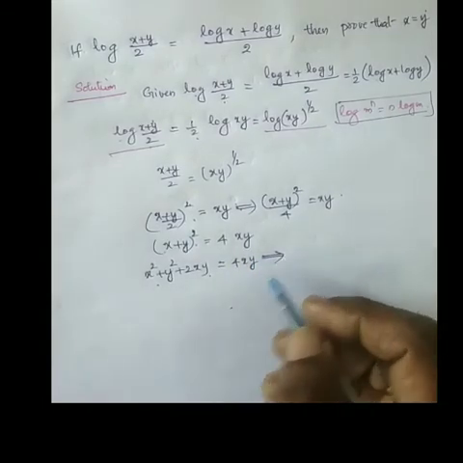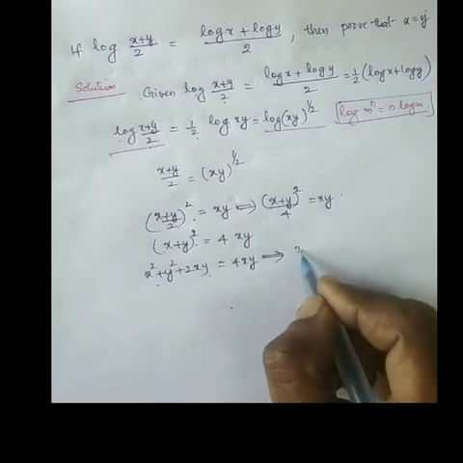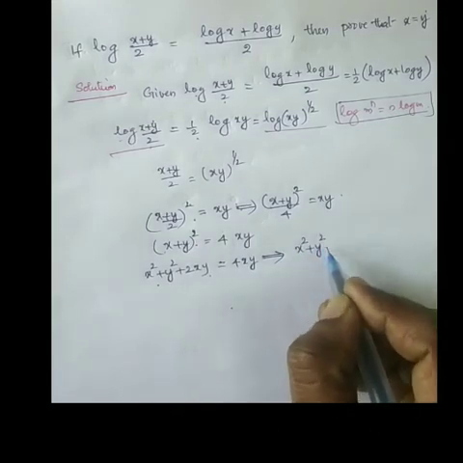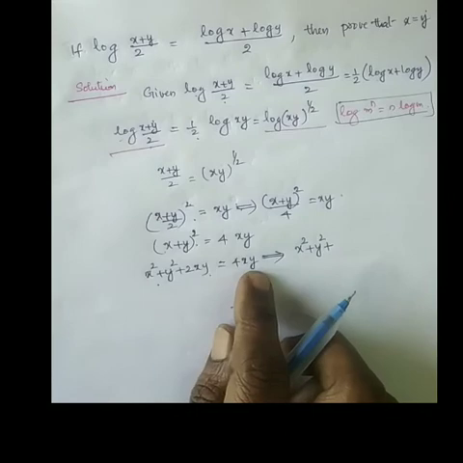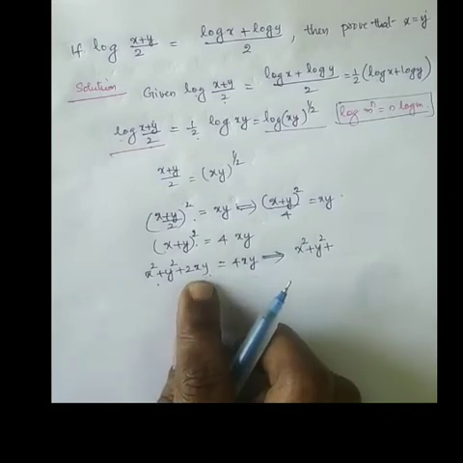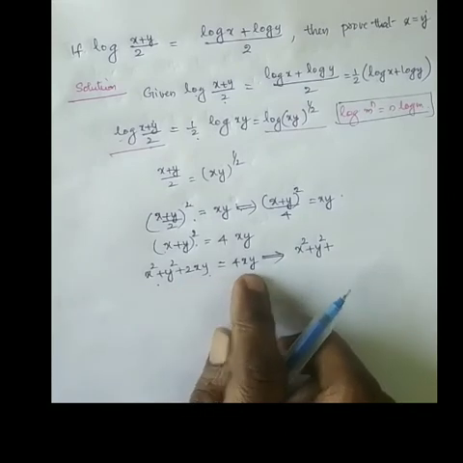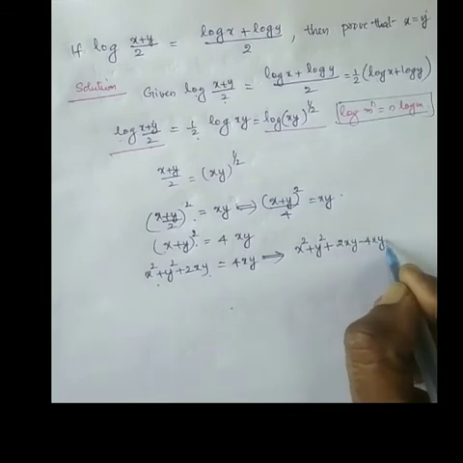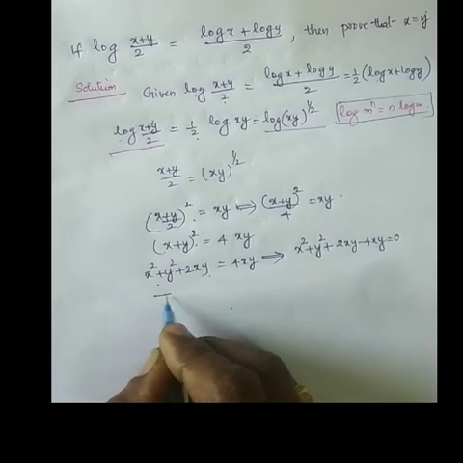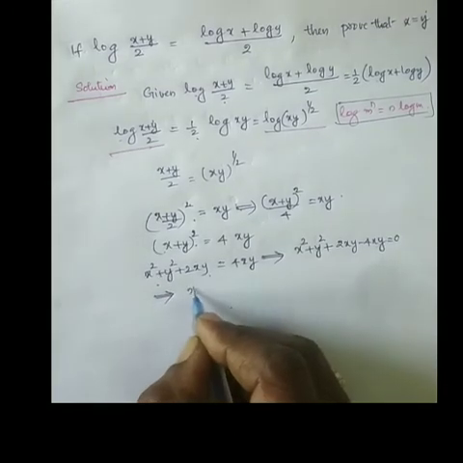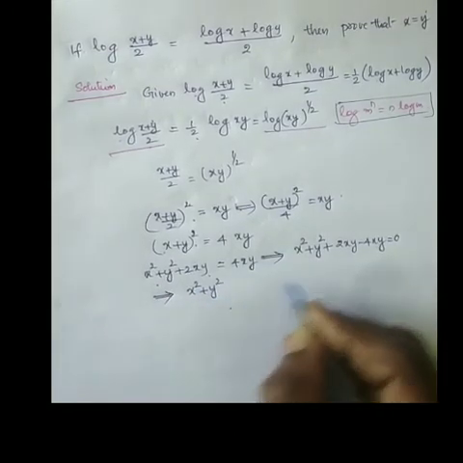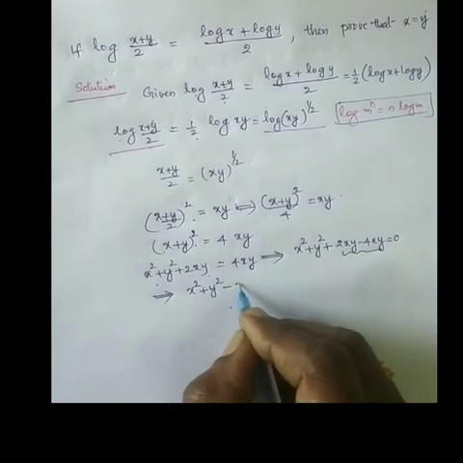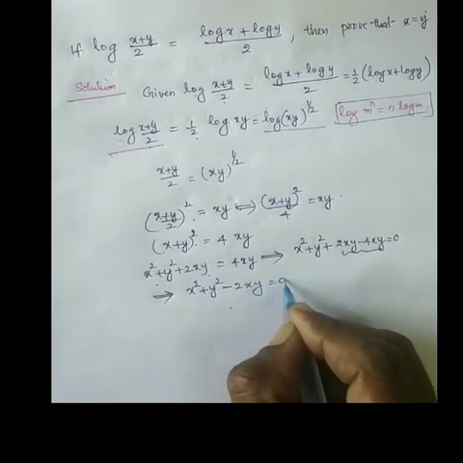So this becomes x square plus y square plus 2xy minus 4xy equal to 0, or x square plus y square minus 2xy equal to 0.